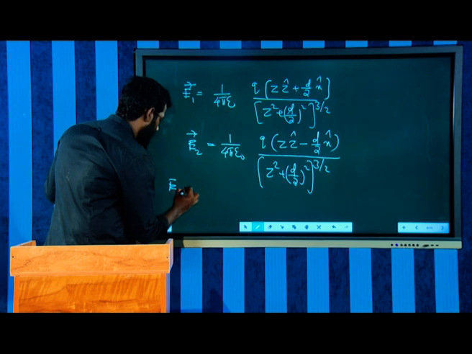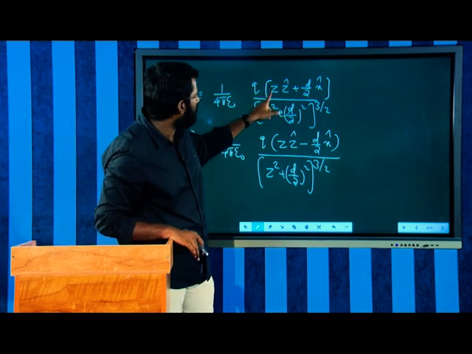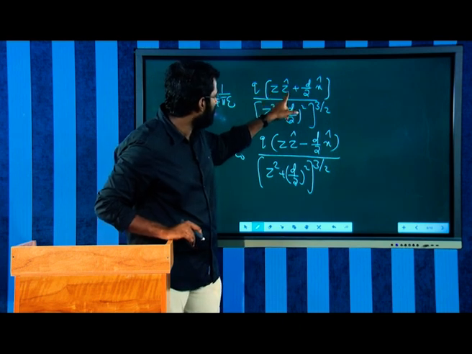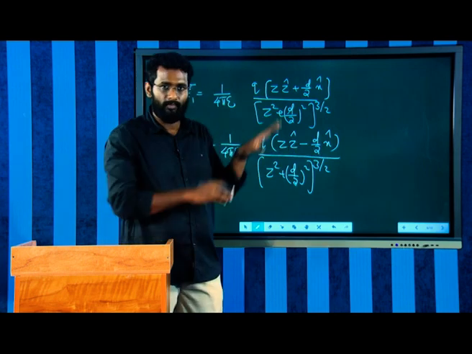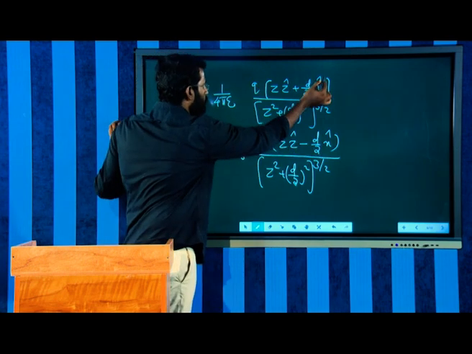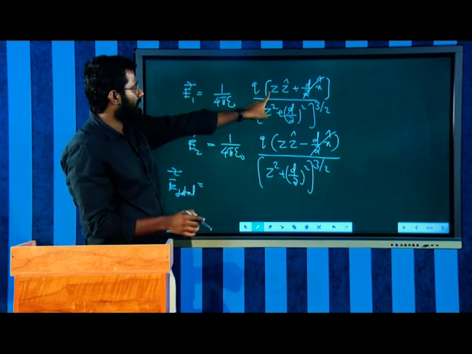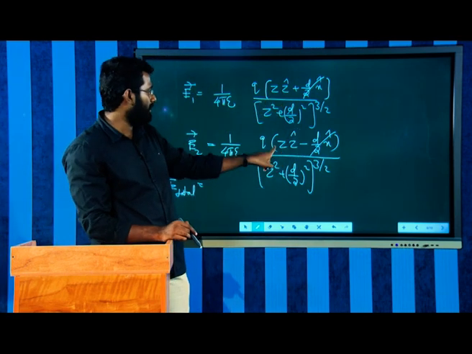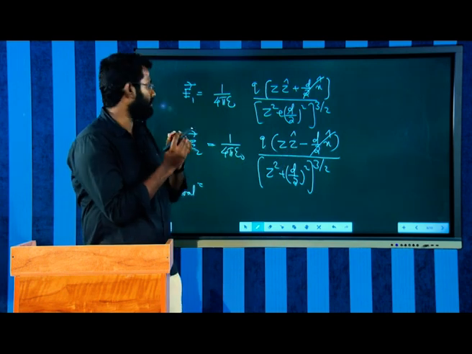So the total electric field is equal to, you can see here, this z cap plus d by 2 x cap, and here you have a minus d by 2 x cap. When you add this together, the d by 2 terms will cancel. Then here is one z cap and here is another z cap. They sum up to 2 z cap.